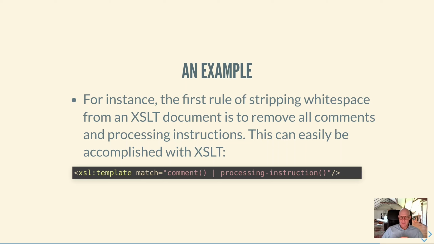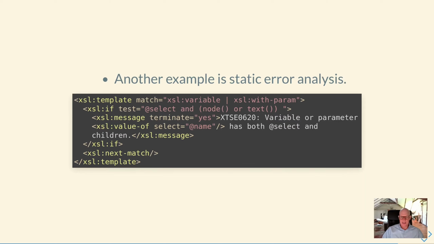So if you have an XSLT identity transform and you add this little template at the bottom, which matches either comment or processing instruction and outputs nothing, you've implemented part of that process.